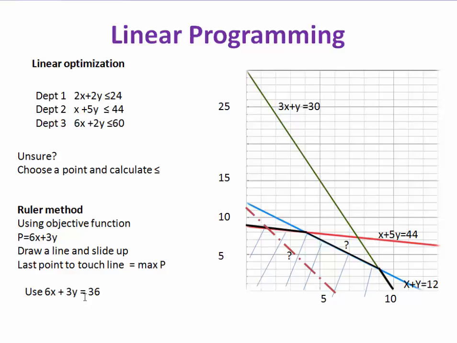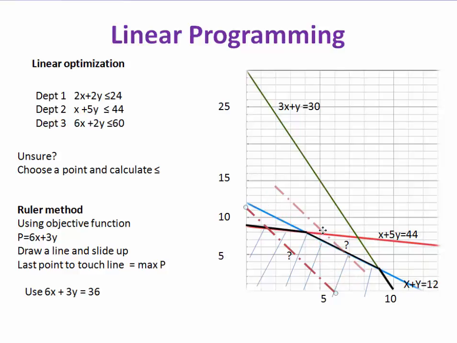Make x equals 0, 3y equals 36, so y will be 36 divided by 3, which is 12, so it'll be here. Okay, so draw the line, and then put the edge of your ruler along the line, and keeping the gradient the same, move it up.